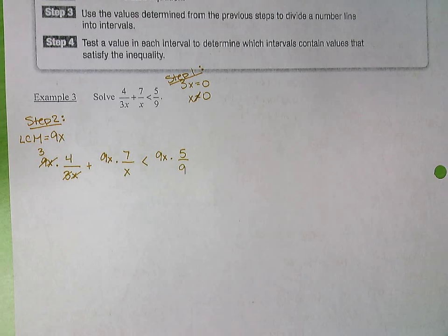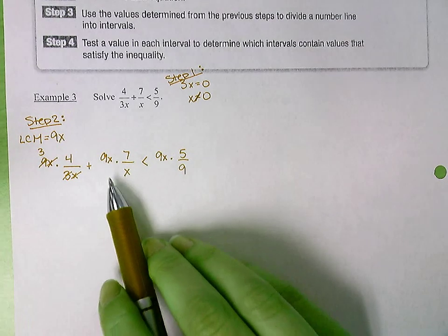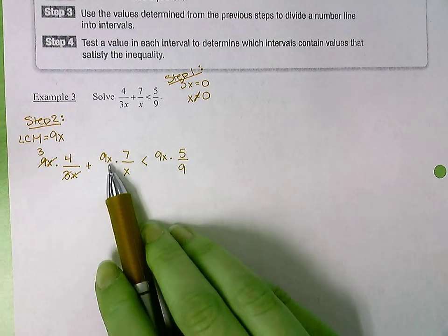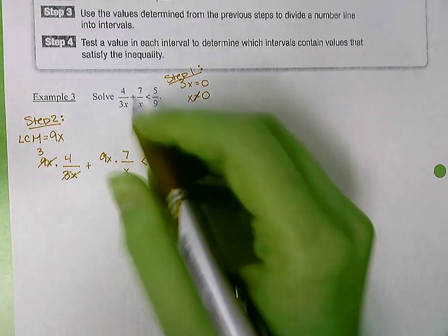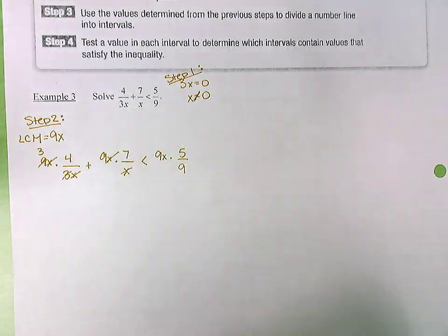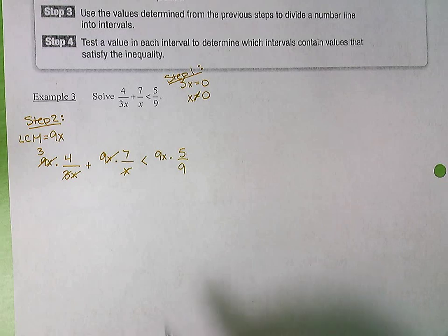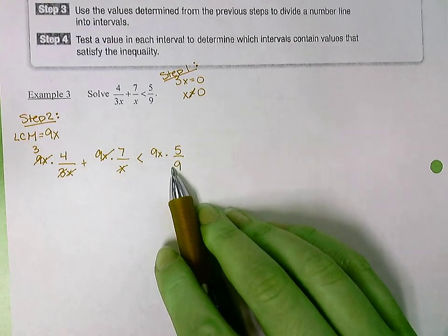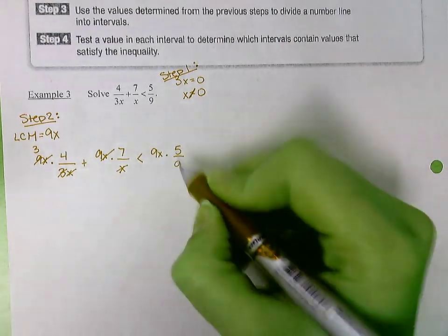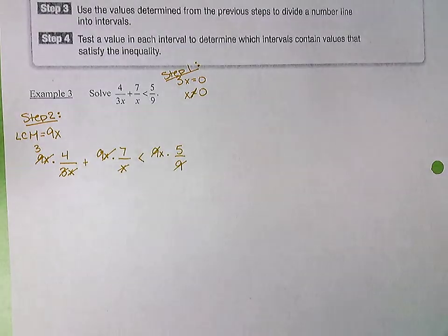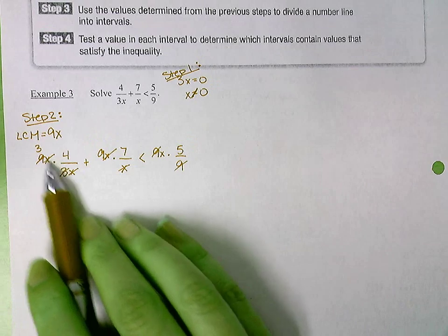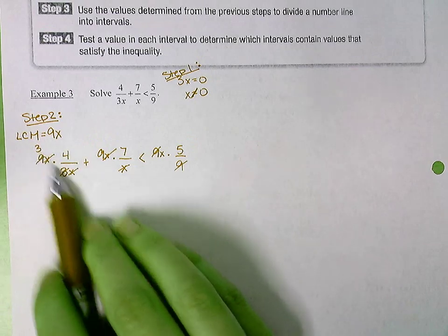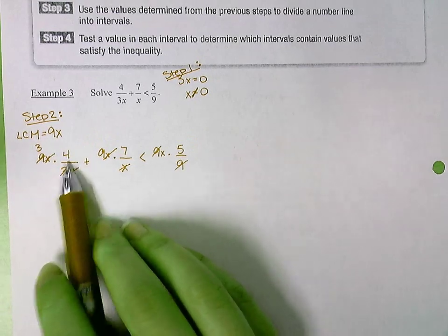Okay, so I took 9 divided by 3. Next term here, I have 9x over an x. Your x's cancel. Last one, I have a 9 and a 9, and those will cancel out. Now I can multiply what I have left. For this first one, I have a 3 times a 4.